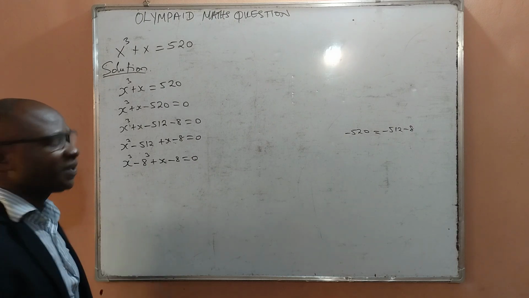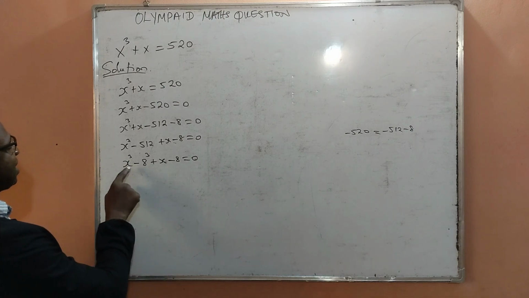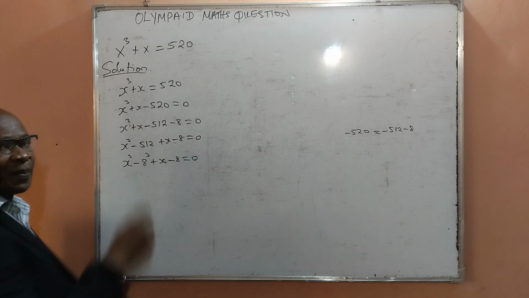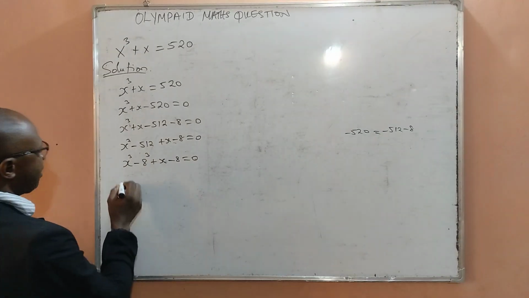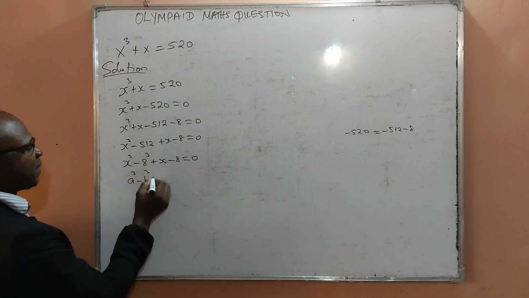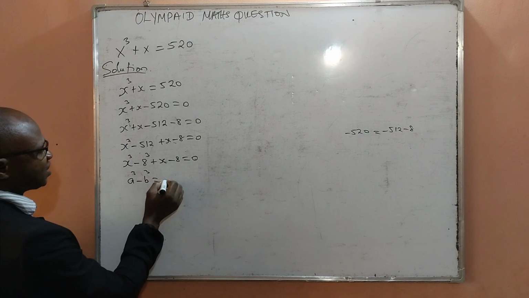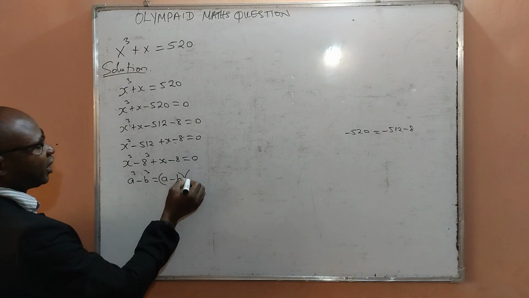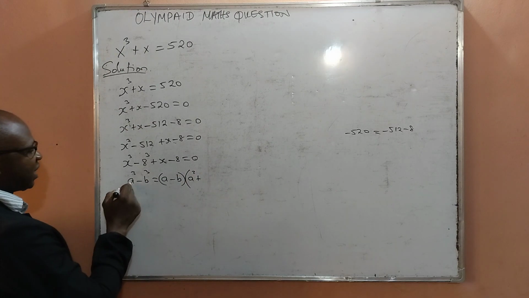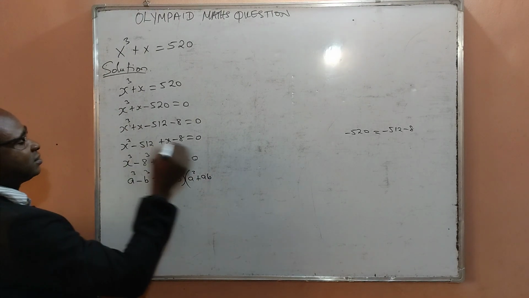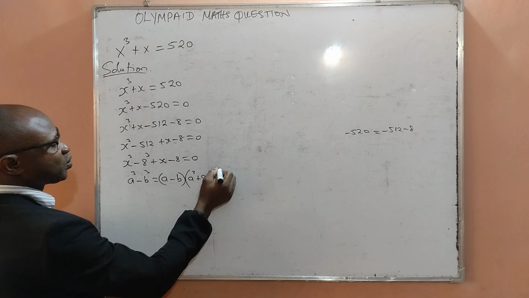Now I am having x raised to the power 3, then minus 8 raised to the power 3. Recall that if I have a raised to the power 3 minus b raised to the power 3, this can be written as a minus b multiplying a squared plus a times b, then plus b squared.